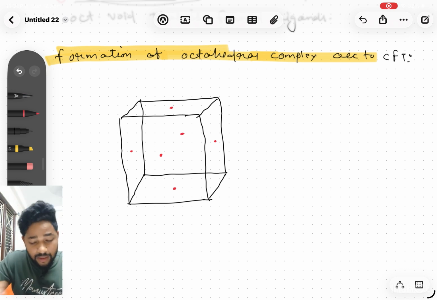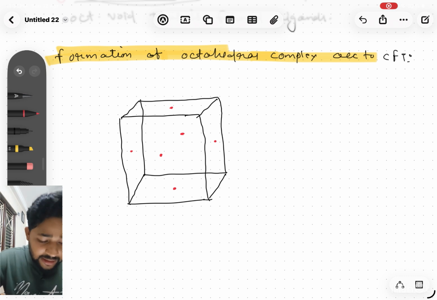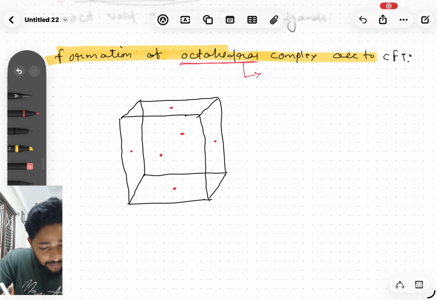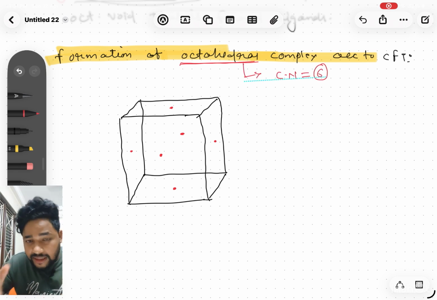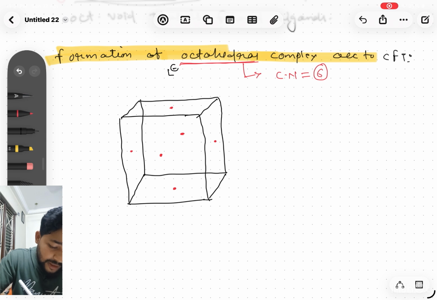Okay, so in an octahedral complex the coordination number is equal to 6, right? That means here six ligands approach from these six faces, right?